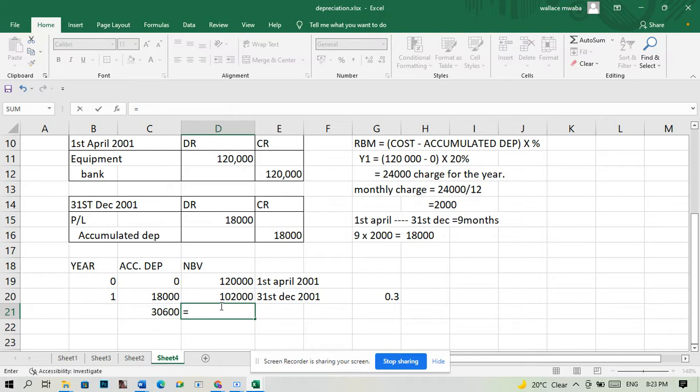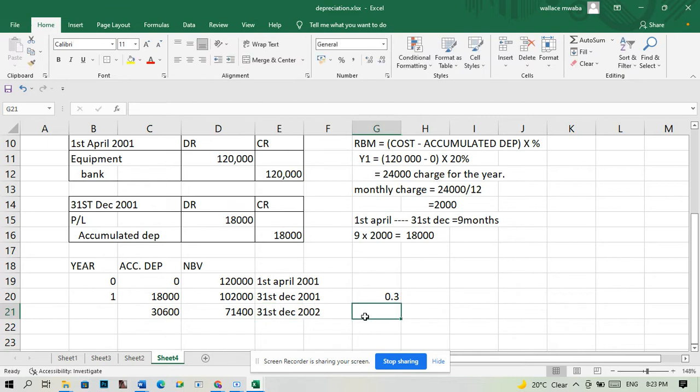Then we subtract these two numbers to get our net book value, and we get 71,400. This is 31st December 2002, and this is year 2, right?